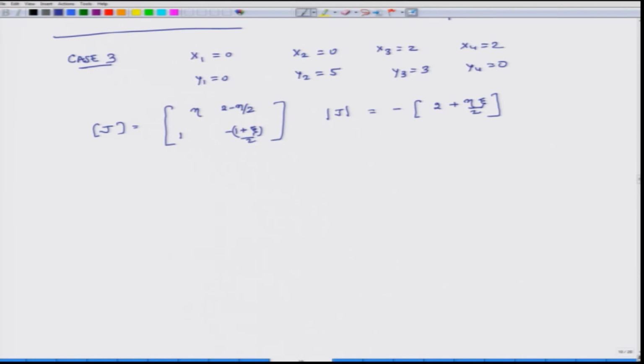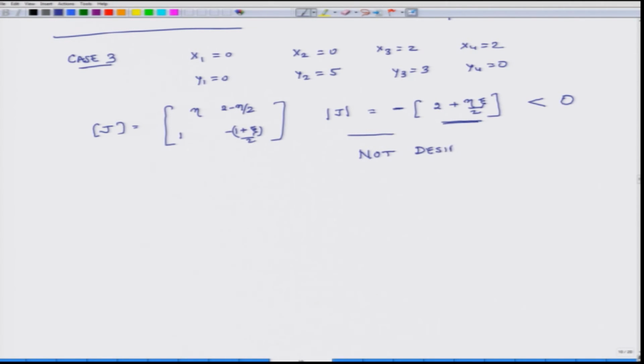Can it ever be 0? What is the maximum or minimum value of eta times zeta? Minus 1. See, eta and zeta vary between minus 1 and plus 1. So, this term at the minimum will be 2 minus half, which is 1.5, but there is a negative sign here, right. So, it will always be negative, and when it is negative, this type of transformation is not desirable.